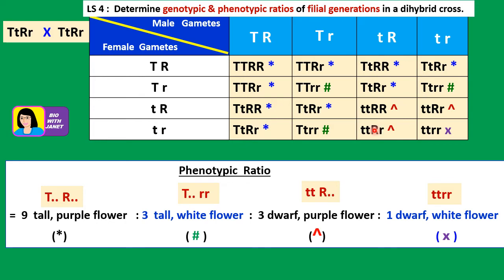So pause the video. Okay, let's look at the answers. So a tall purple flower plant should have at least 1 big T and 1 big R in order to have this phenotype.